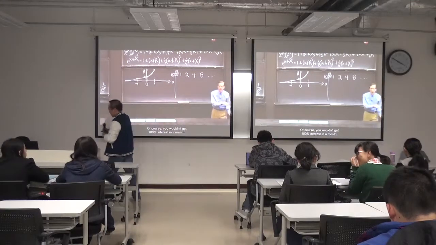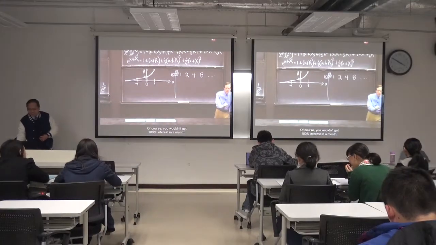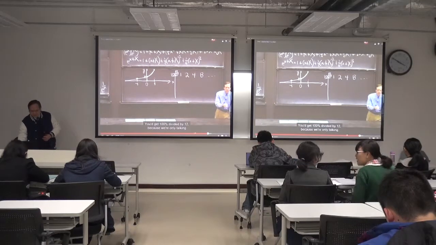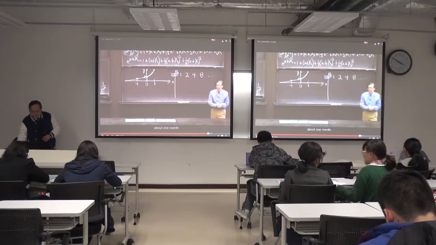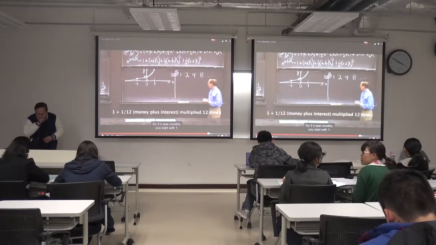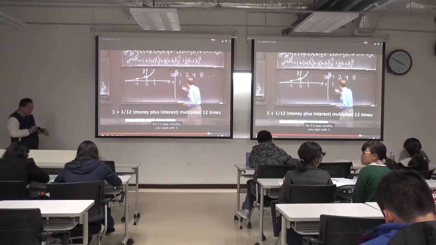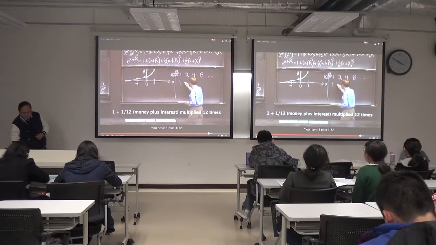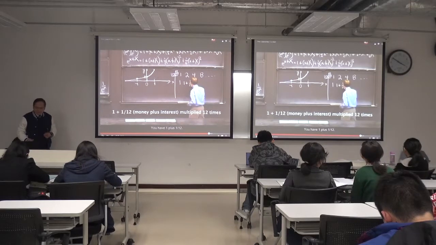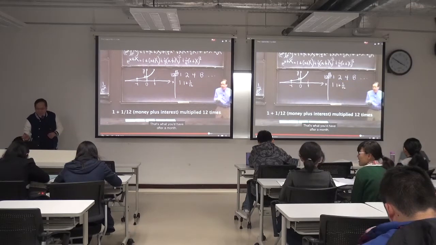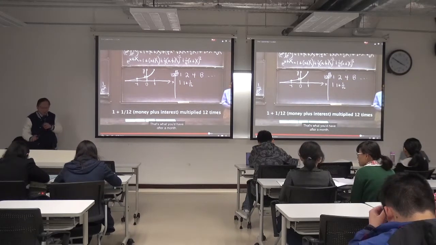Of course, you wouldn't get 100% interest in a month. You'd get 100% divided by 12. Because we're only talking about 1 month. So if it was months, you start with 1. You have 1 plus 1/12. That's what you'd have after a month.